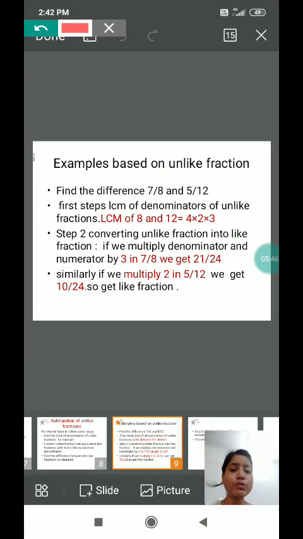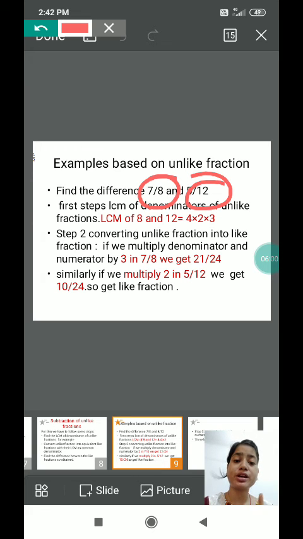Now if we want this unlike fraction to become a like fraction, we just convert the denominator into 24. How do you convert 7 by 8 and 5 by 12? We multiply both numerator and denominator of 7 by 8 by 3, and we get 21 by 24.